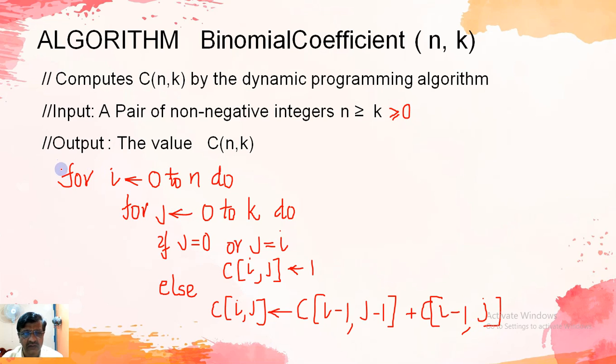Now we will return C of n comma k, that is nothing but the answer, the solution.